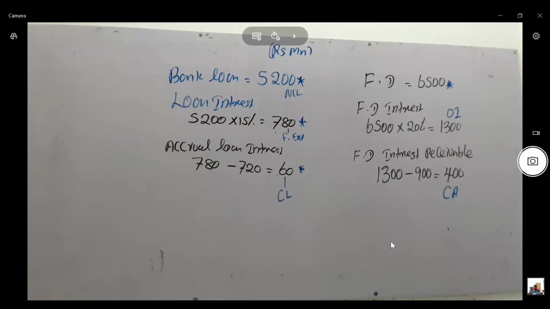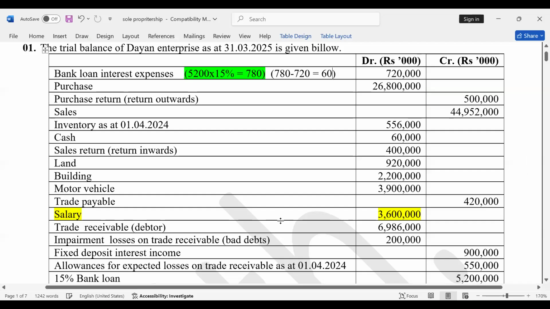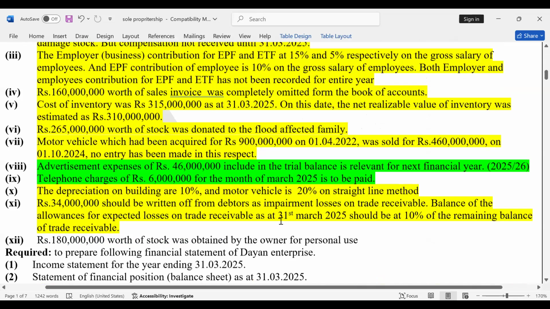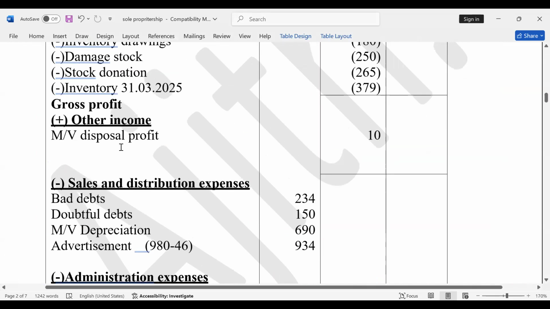Bank loan is a non-current liability. Record that on the financial statement. First one, bank loan and fixed deposit interest.